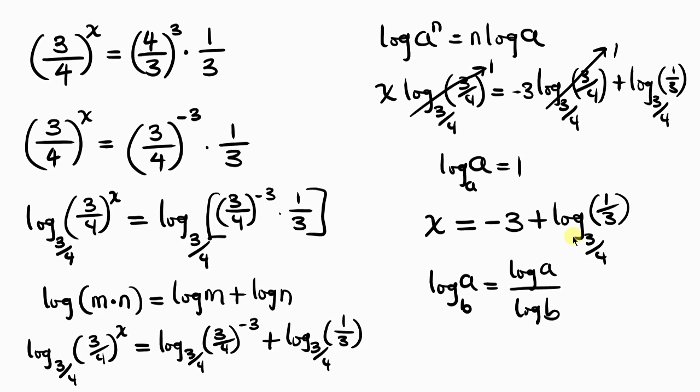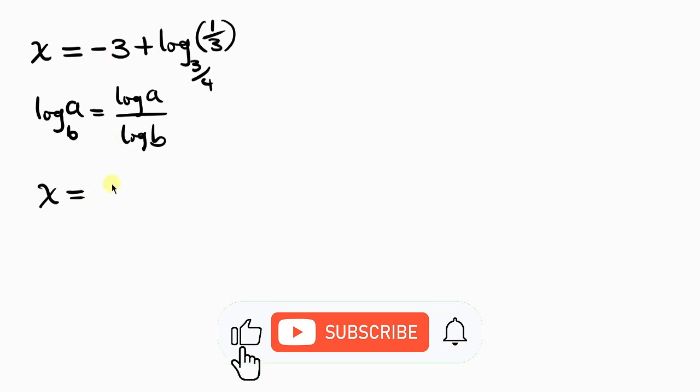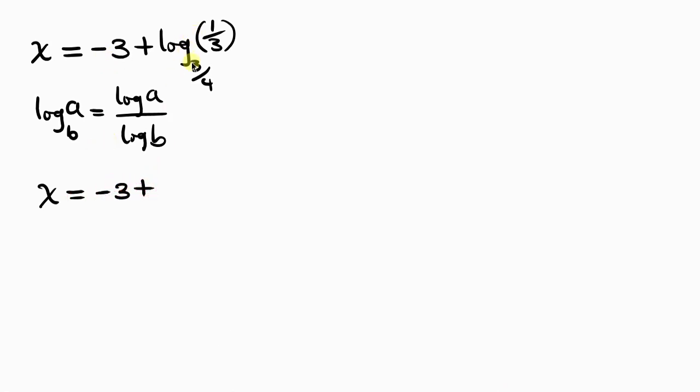Let's do that on the next slide. So we have x equal to negative 3 plus, now this expression becomes log 1 over 3 all over log 3 over 4.